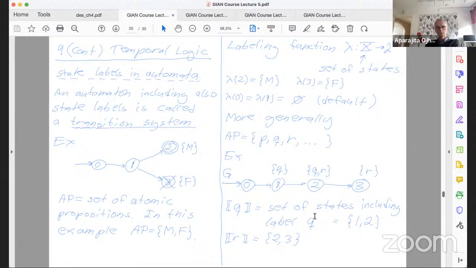It's state 1 and 2. So the double bracket around Q is the set {1, 2}, while R, the set of states where R is true, is states 2 and 3, because you see that in 2 you have both Q and R, and in 3 you have R.